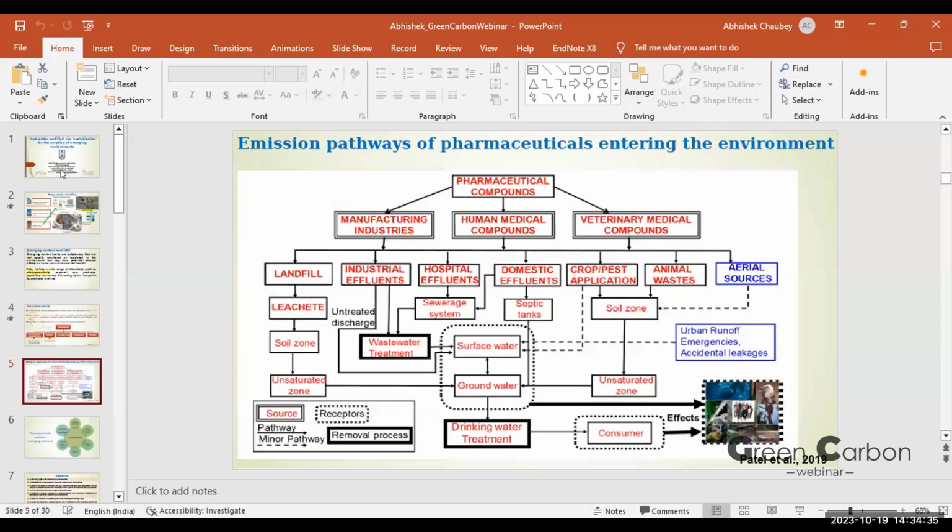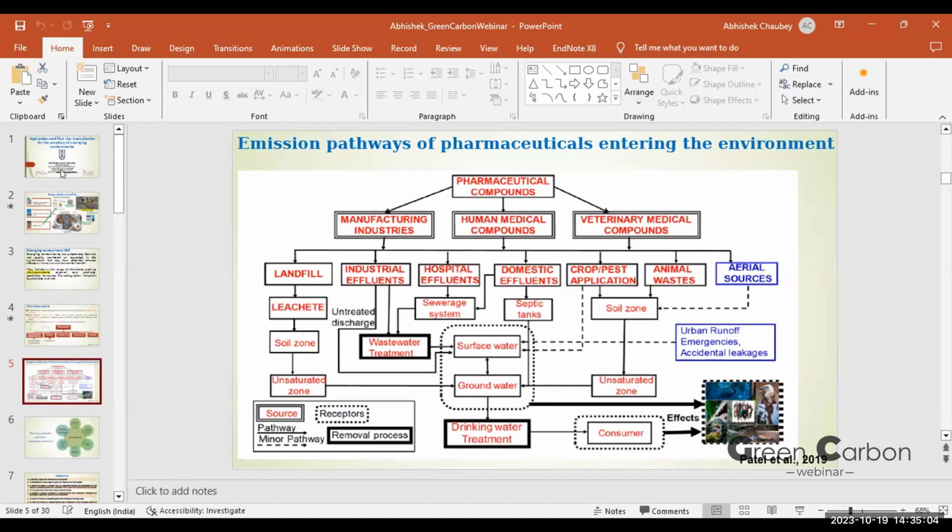So how are these pharmaceuticals coming into the environment? There are three major sources. The first one is the pharmaceutical manufacturing companies, which make these pharmaceuticals, and you will get high concentrations of these pharmaceuticals in their effluent. The second one is the human medical compounds we use, which come to the sewer system, and also the veterinary use for cattle and all.